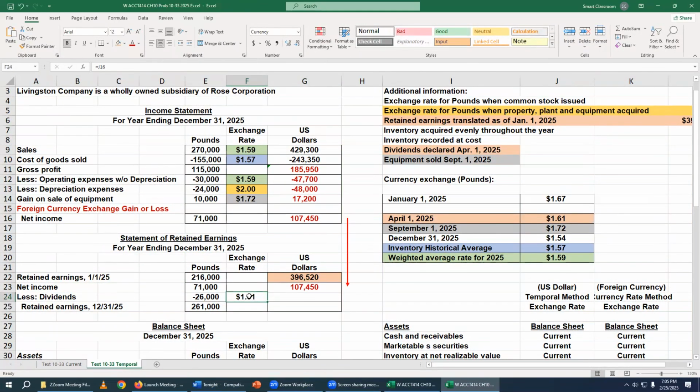Uh-oh, I made my dividends the same as this thing. It'd be easier just to change that to something.